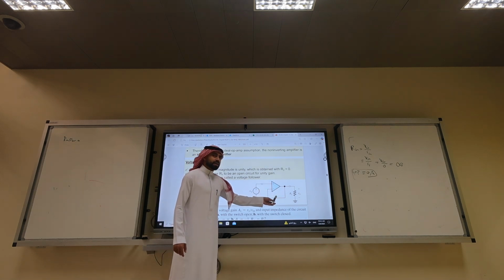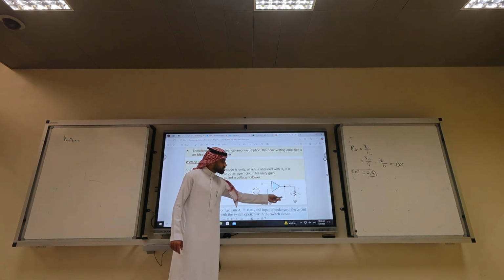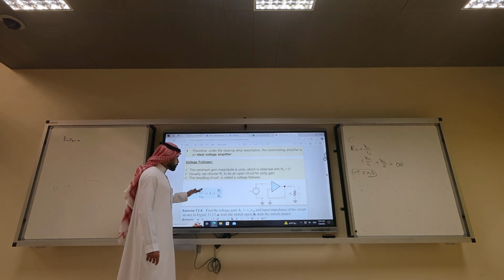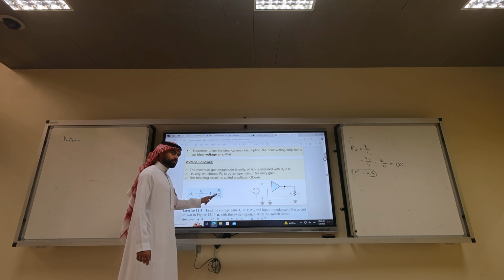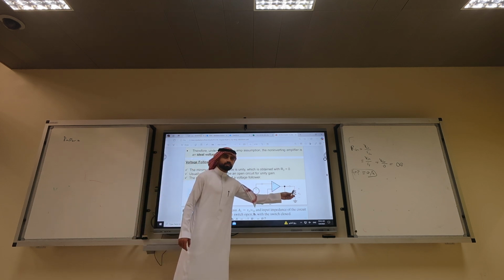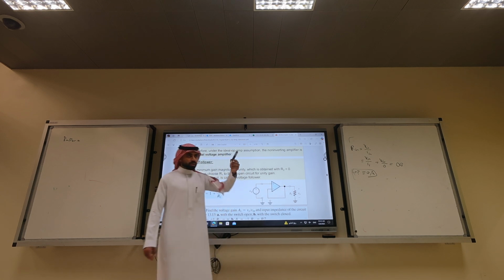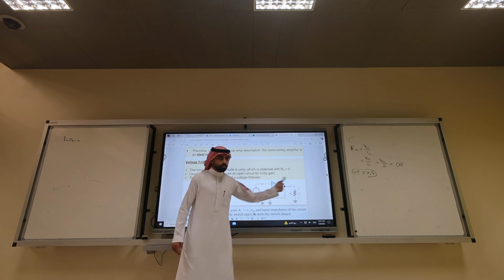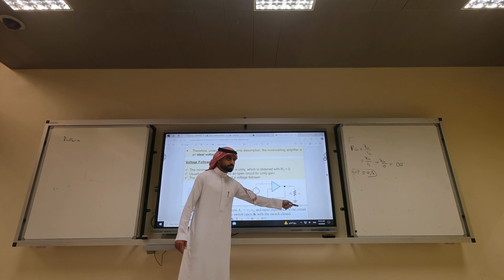The only difference here is R2 is short circuit. So R2 is 0, so V output over V input is just 1. But it has an output impedance of 0, so it can drive as many loads as possible, and allow whatever system to push more current to the load.